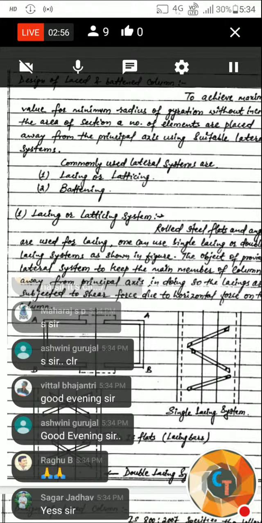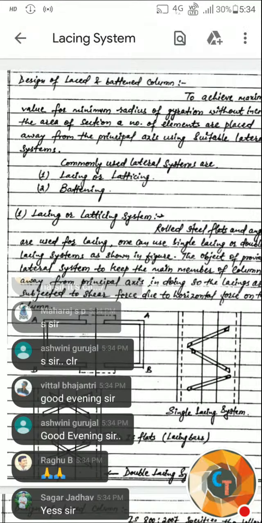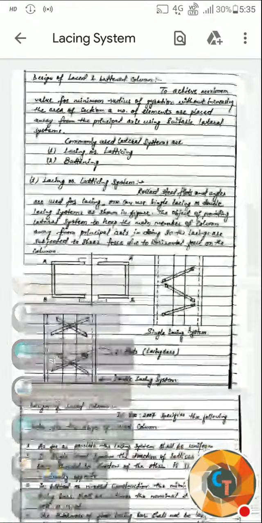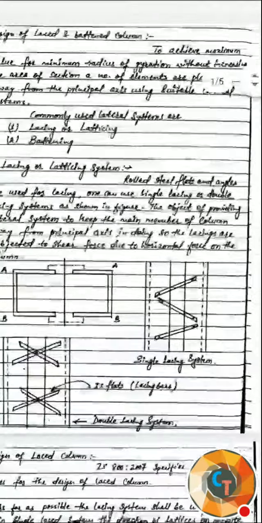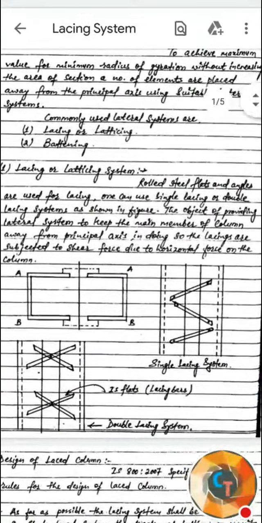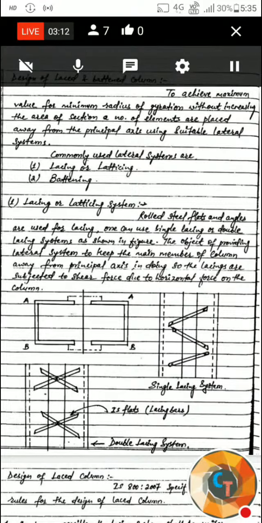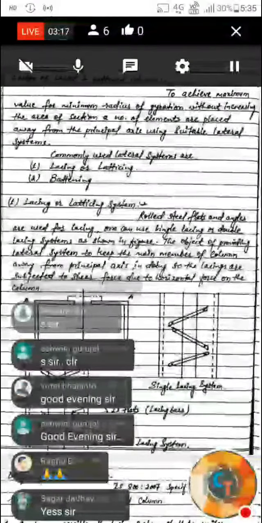Sagar Jadhav. 7 members. 6. Why is it reducing?